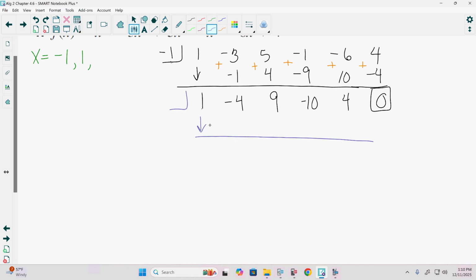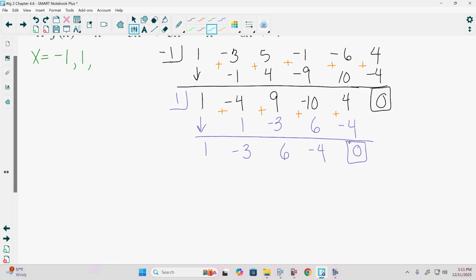Now at this point here, we're going to repeat this process with +1. Now 1 times 1 gives us 1. -4 plus 1 is -3. 1 times -3 is -3. 9 plus -3 is 6. 1 times 6 is 6. -10 plus 6 is -4. 1 times -4 is -4, and 4 plus -4 is indeed 0.